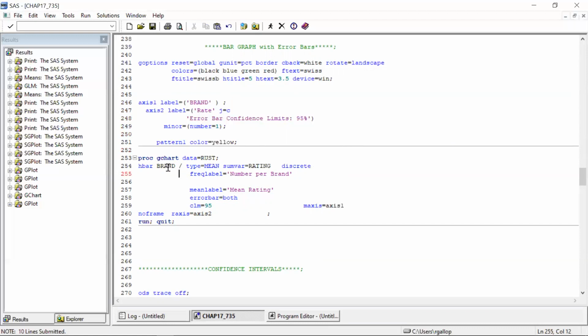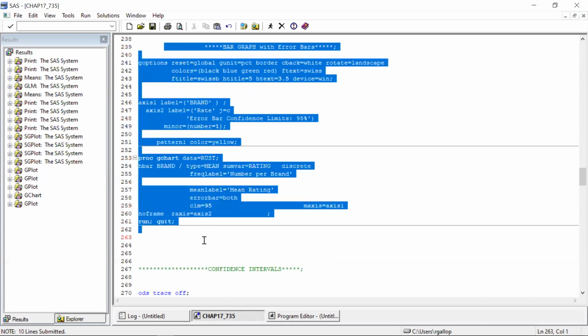I'm creating this horizontal bar chart as a function of the 4 brands. I'm showing the mean on the rating variable. And then I'm also giving error bars and confidence limits at 95%. So take a look at this.